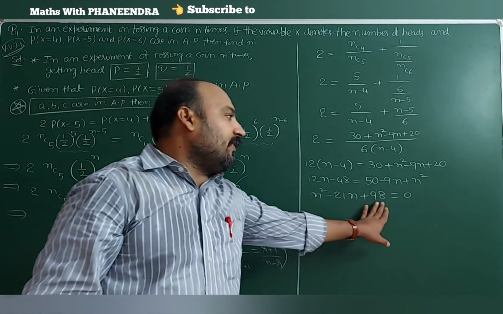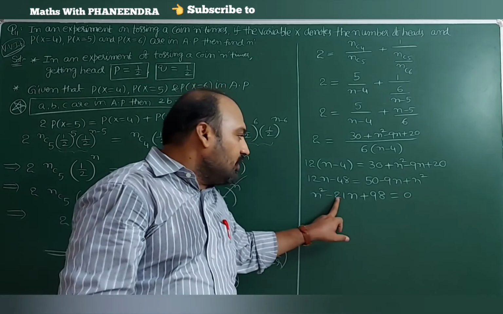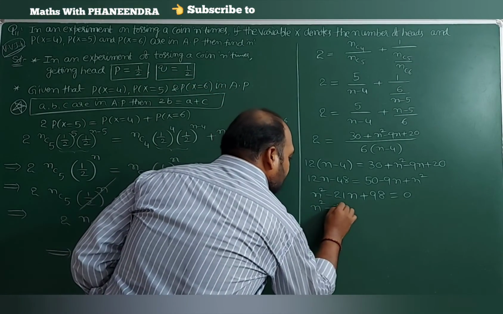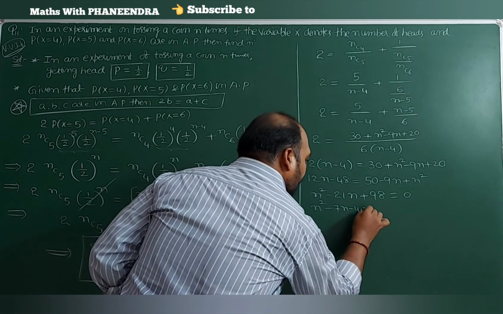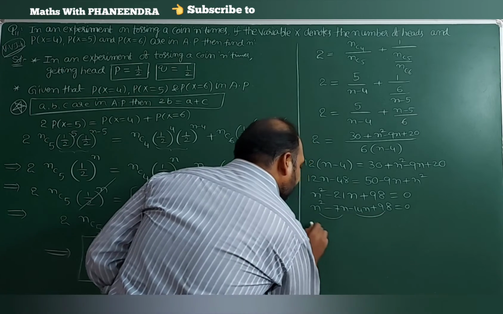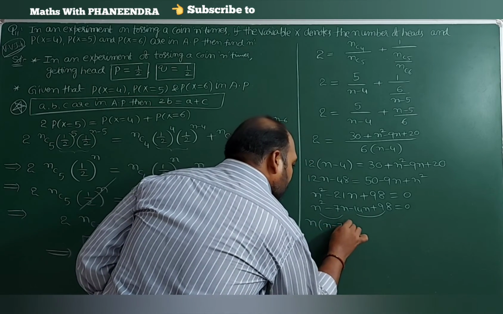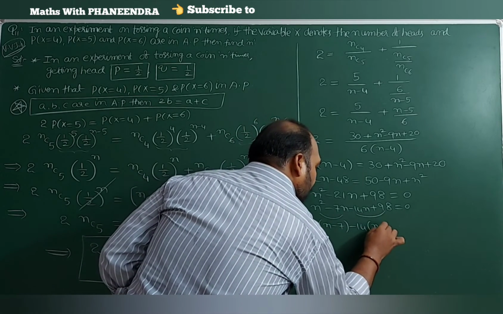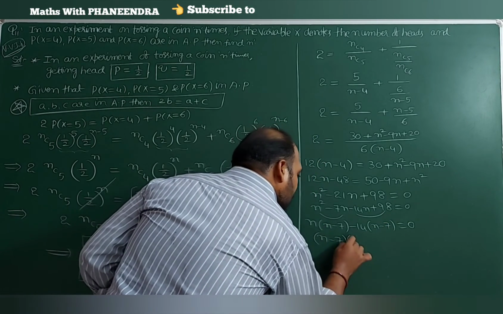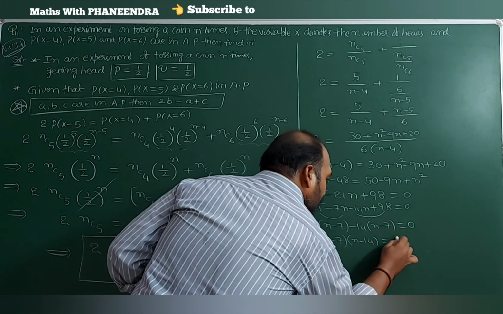So 98 factors: 14 sevens are 98, 14 plus 7 is 21. So n square minus 7n minus 14n plus 98 equal to 0. Factorization: n into (n-7) minus 14 into (n-7). So (n-7) into (n-14) equal to 0.